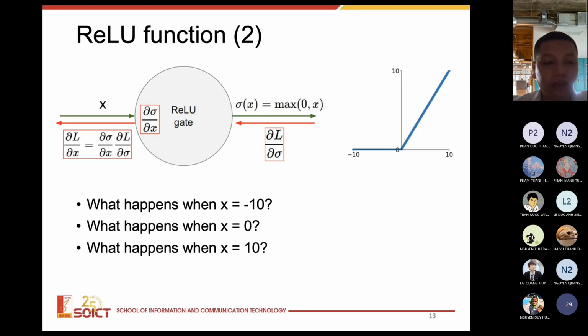And now we try to understand what happens when x equals -10, when x equals 10, and when x equals 0. So when x equals -10, the output is 0, right?